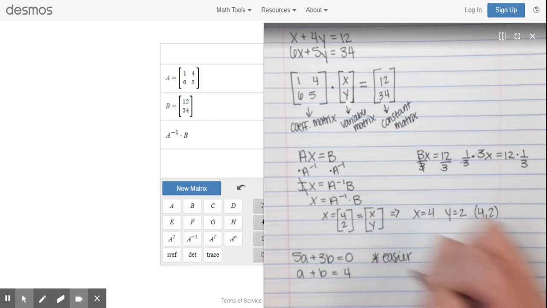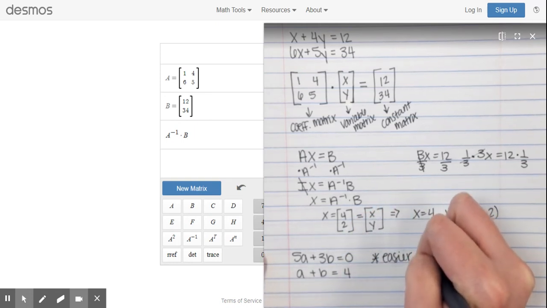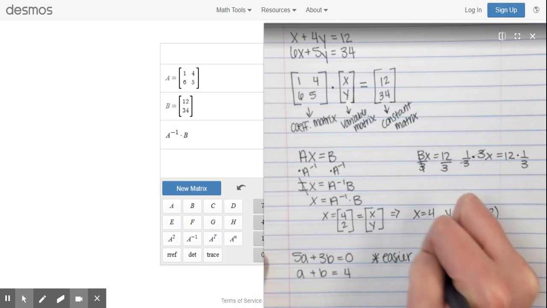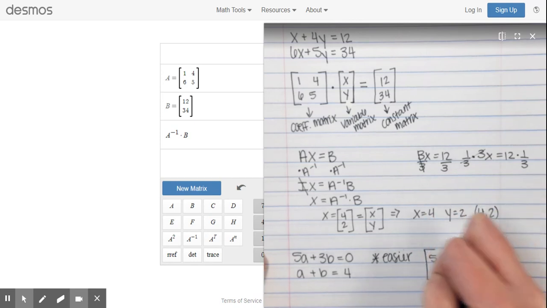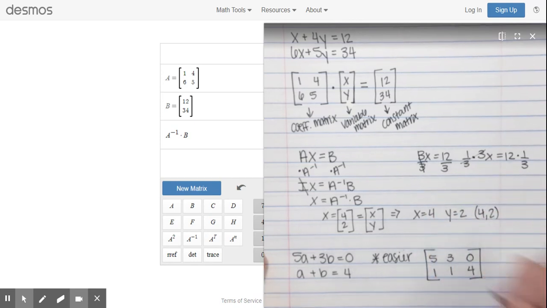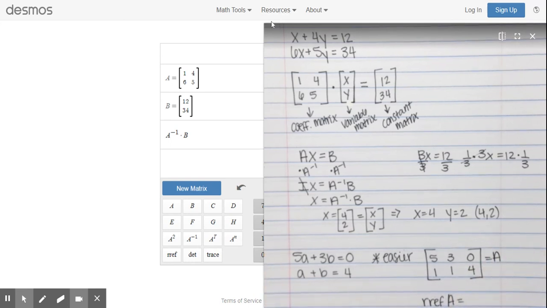So we're going to make a little note that this is easier. You're going to make one matrix, 5, 3, 0, 1, 1, 4. Okay, you're going to type that in the calculator, so we'll say that's matrix A. And so in the calculator, you'll do the reduced row echelon form. And then we'll use that to get our answer.